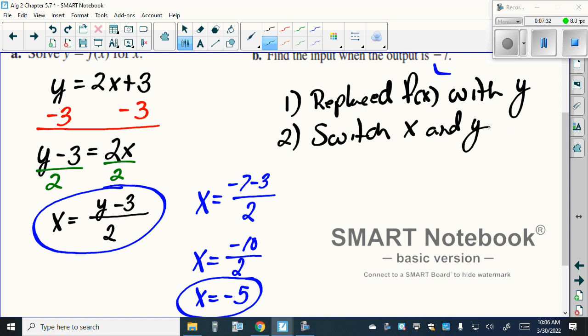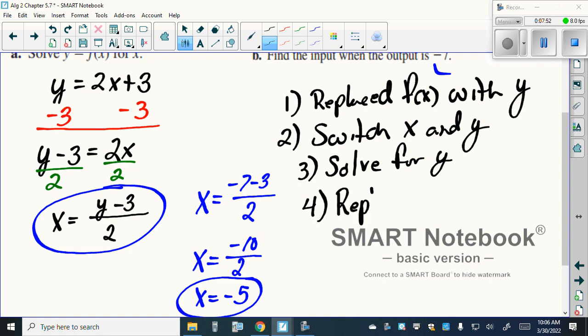And I'll do a picture of what we're talking about here in a second. And then we want to solve the equation, solve for y, because we want to get y back by itself. And step number 4, replace y with f inverse of x.